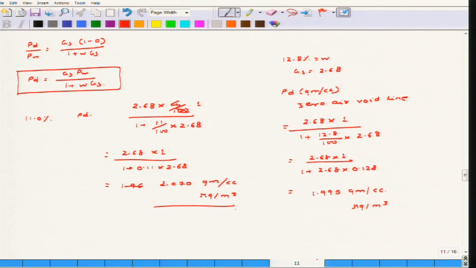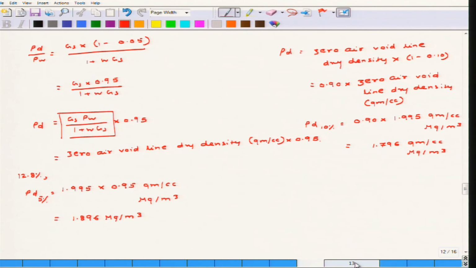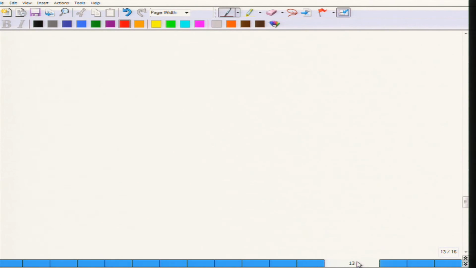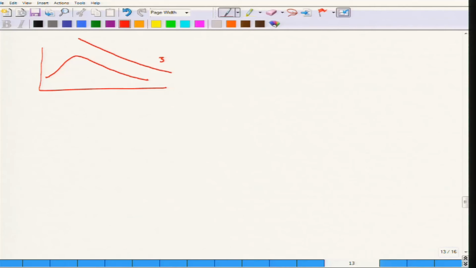I have shown a sample calculation for 12.8%. For all these moisture contents, if you find out the air void curves, they would look similar to this figure. This is our compaction curve, and this is where the zero air void line lies. As I have said, theoretically a zero air void line can never touch a compaction curve.